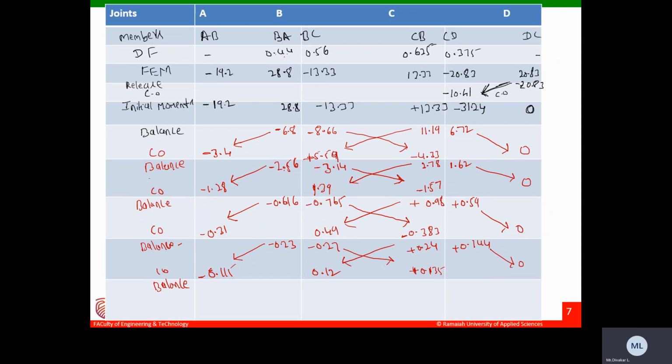So if you do the balance, it will be 0.12, 0.12, 0.12, 0.12, 0.44. So we'll get 0.0... we'll get point. Here point.